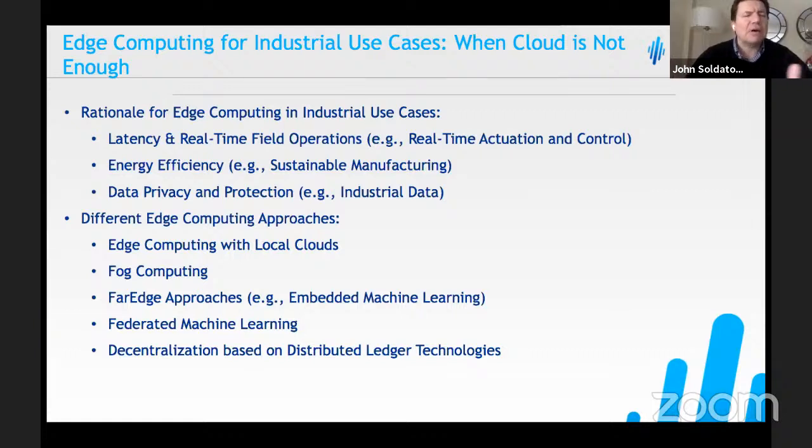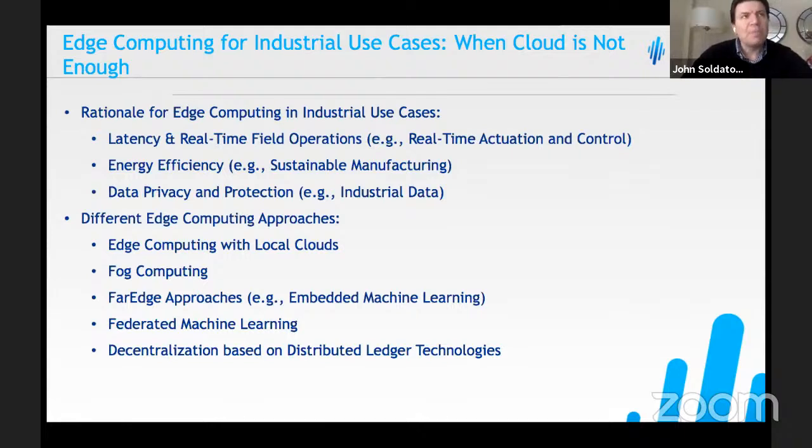Earlier this month, or the previous month, I attended two major events in our community, Hannover Messe, and also IIoT, Industrial Internet of Things World. And this was a major topic because it turns out that Gartner predicts 50% of the data by 2023 will be processed at the edge of the network and not in the cloud as we thought a few years ago.